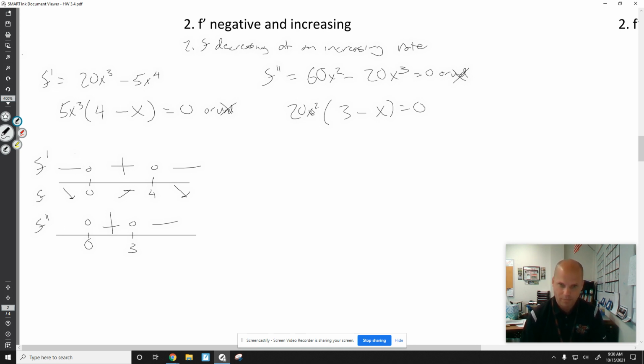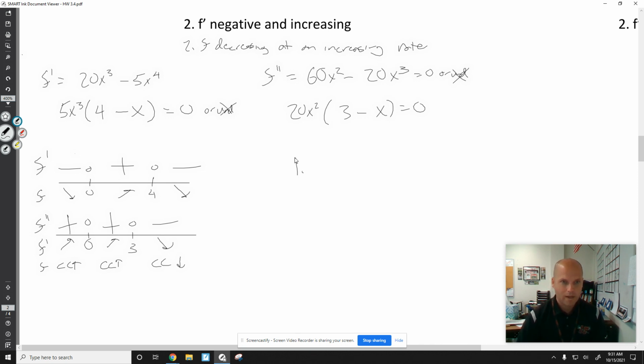Negative 1 squared is a positive. 3 minus negative 1 is a positive. Positive times positive, positive. All right, so that tells me f prime is going up, going up, going down. That tells me f is concave up, has a point of no concavity, so it's flattened out enough that it's like a straight line at that point. Then it's concave up, then it's concave down.